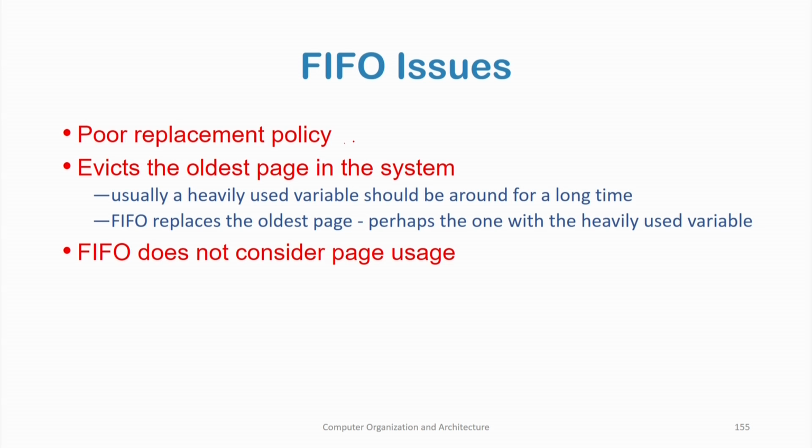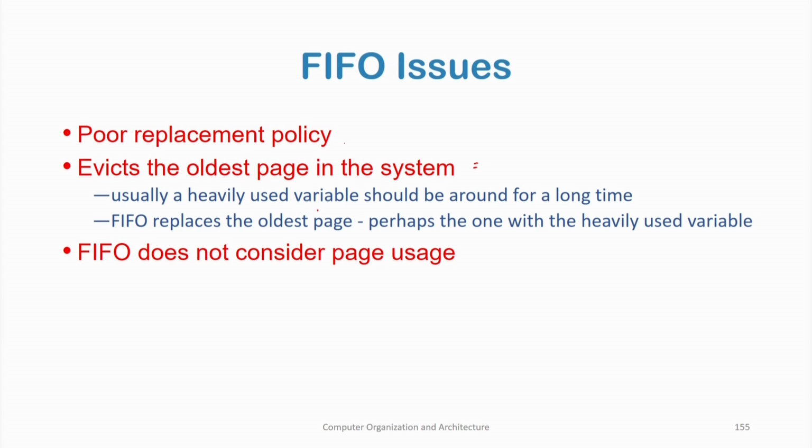It evicts the oldest page in the system, and it does not care whether this page is being heavily used currently or not. It just sees who has been brought in earliest and replaces that. It does not care if this page is being frequently used. Usually a heavily used variable in a page should be around for a long time.